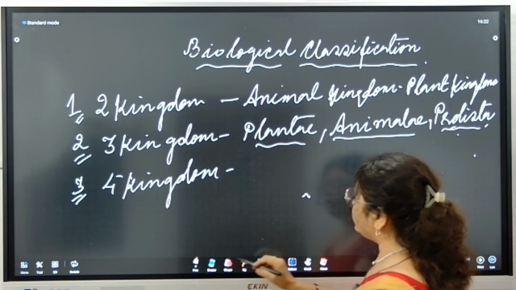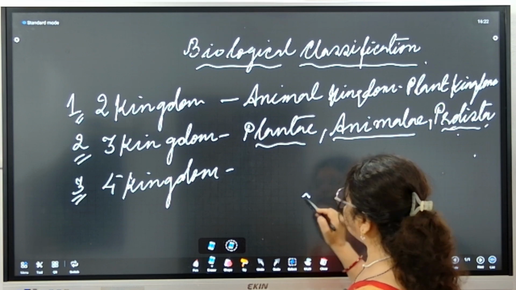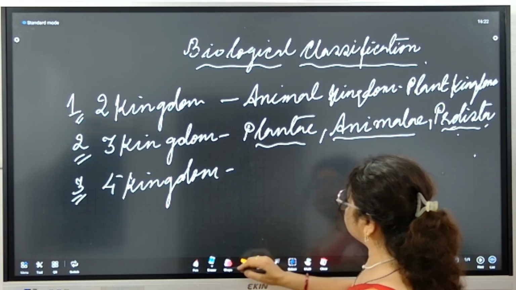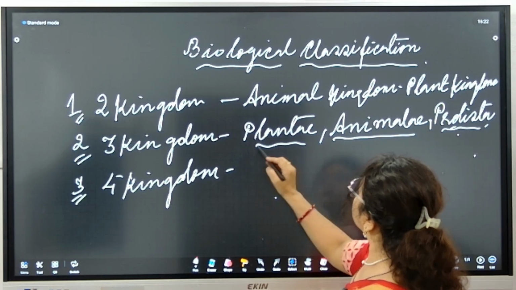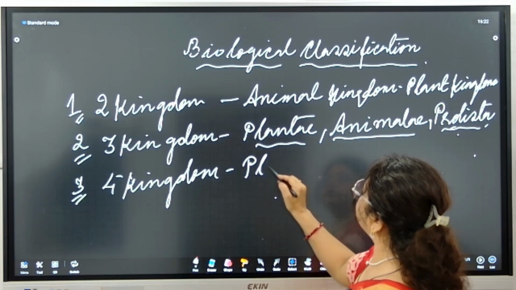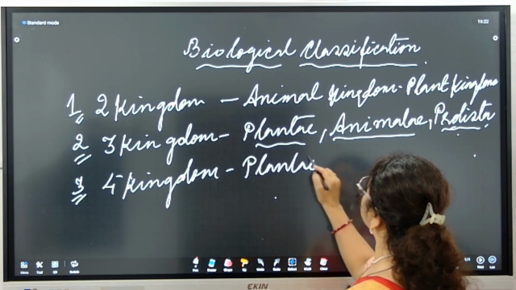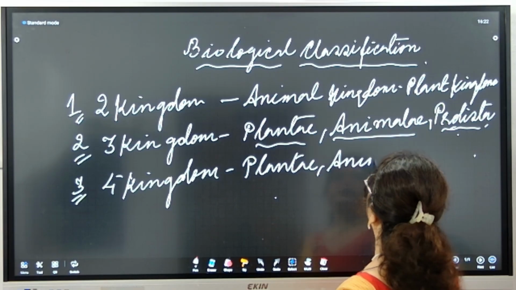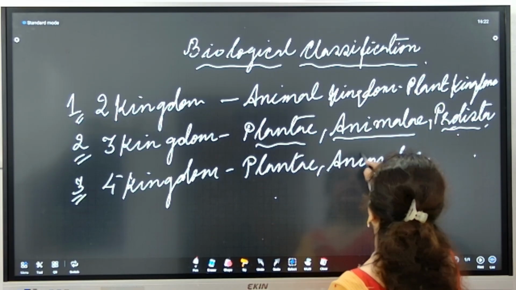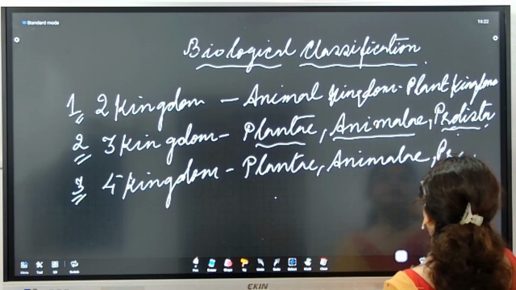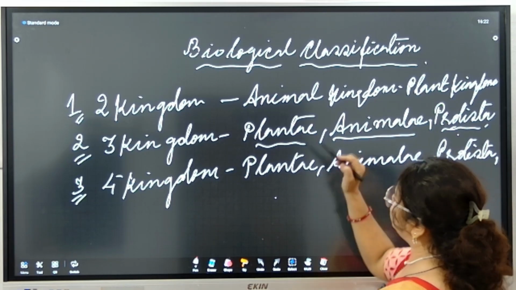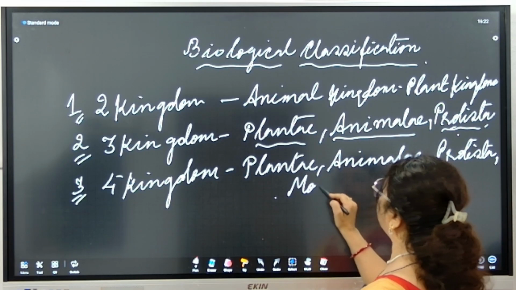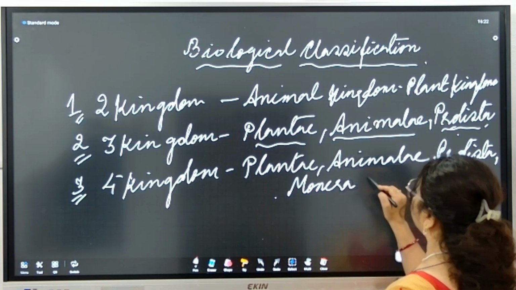So how will you memorize it? It is very easy, like a memory game. You write the first ones that you have written: Plantae, Animalia, then Protista, and then you write the new one, Monera.